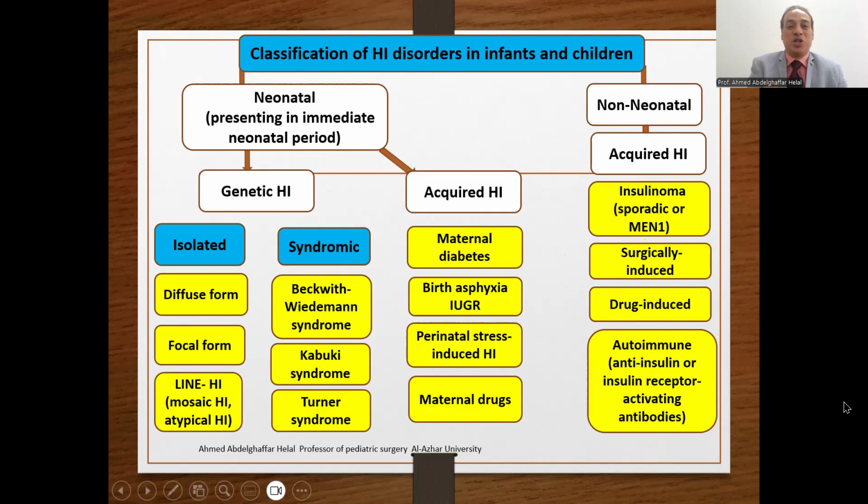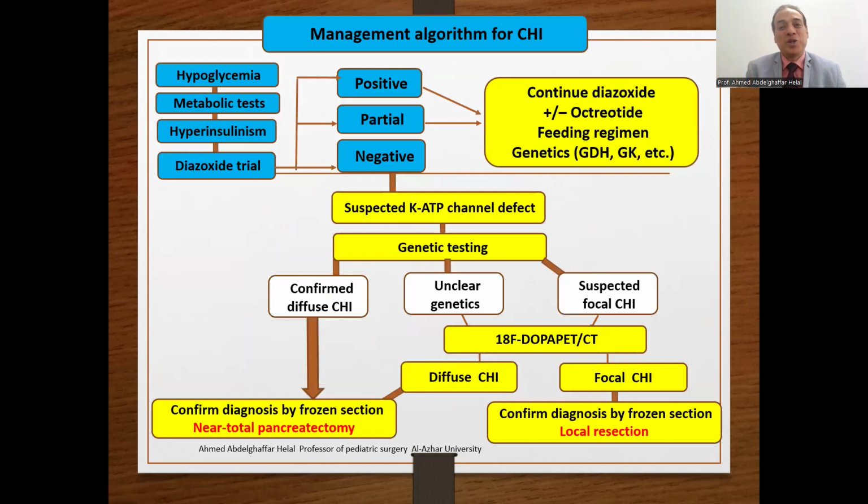So it is very essential for all pediatric surgeons and pediatricians to use this classification for the diagnosis of cases of hyperinsulinism disorder in infants and children. The first step is neonatal or non-neonatal, genetic or acquired. Now, what's the management? The management algorithm for congenital hyperinsulinism. Hypoglycemia, yes, severe hypoglycemia.